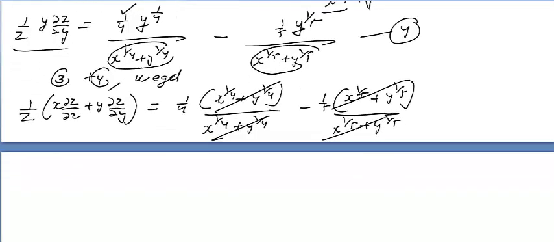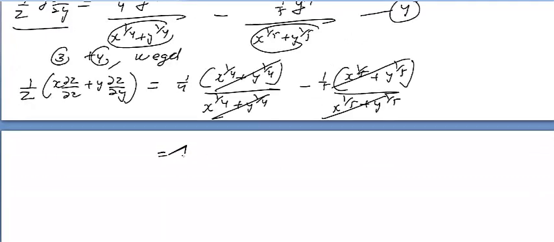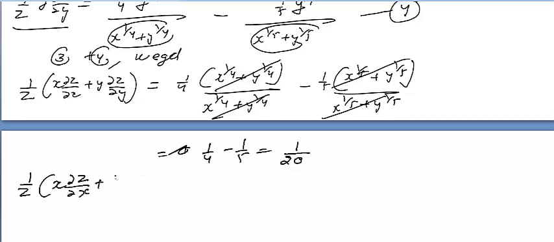Okay, so what you will get is 1 by 4 minus 1 by 5. When you solve it, you are getting 1 by 20. So the left hand side is 1 over z times x curl z by curl x plus y curl z by curl y is equal to 1 by 20. So you can take this z to the other side.